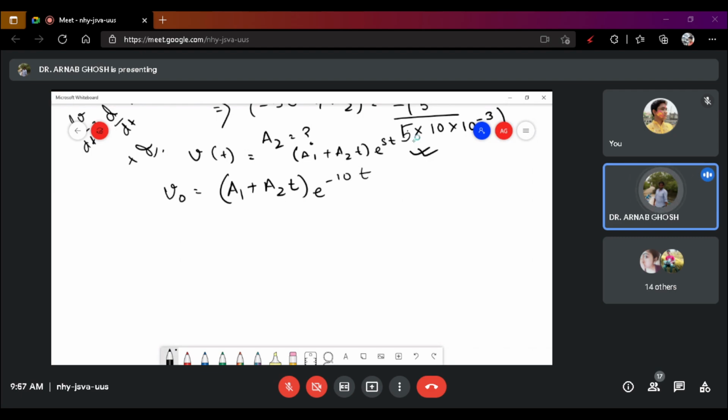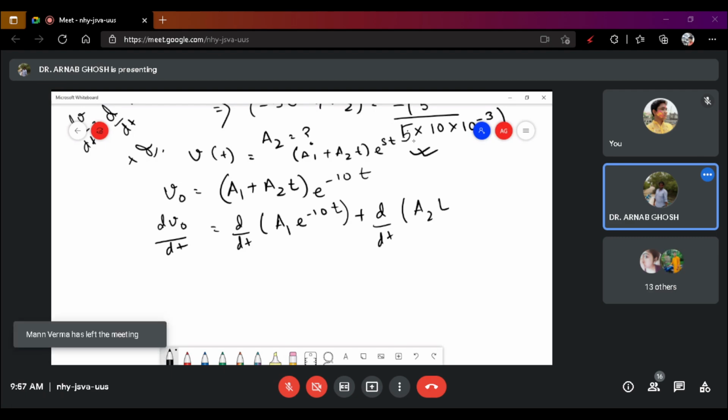So we are doing dv0 by dt, that is d by dt of A1 into e to the power minus 10t plus d by dt of A2 t into e to the power minus 10t.